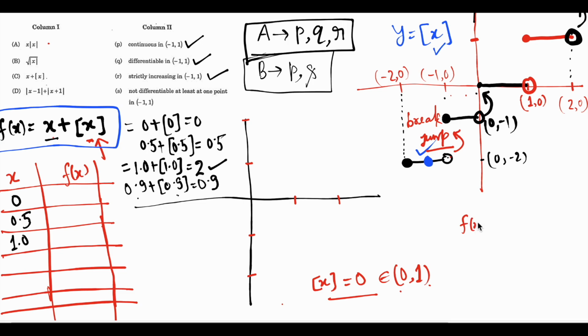So now we can start defining our function f of x for different domains, and right now we have got f of x for x belongs to 0 to 1 as being only x, f of x is equal to x for all x belongs to 0 to 1. So we can plot this on our coordinate system. This is just a straight line equation, f of x equal to x, but it is only for the domain 0 comma 1.